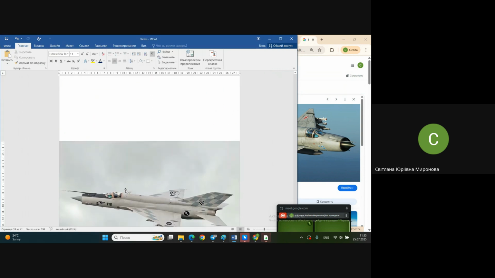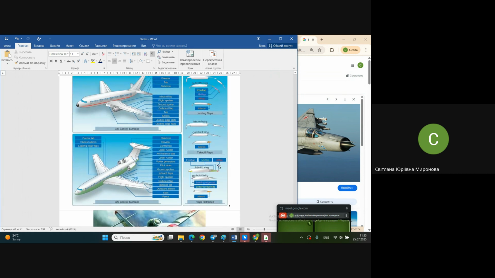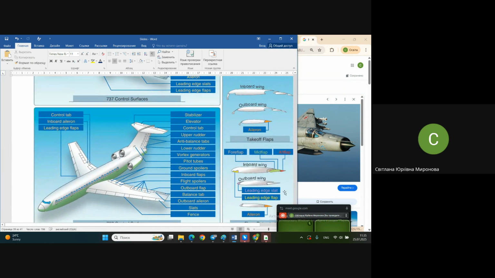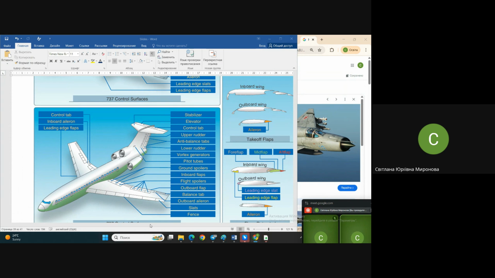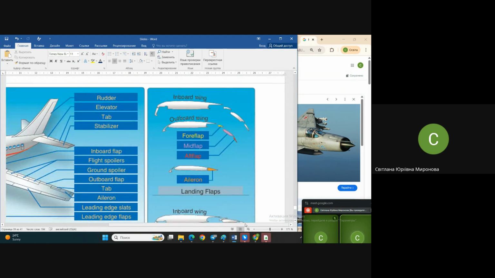In cross sections it's also represented in a picture. Show us, please. Now, what happens during flight? They show different cross sections.